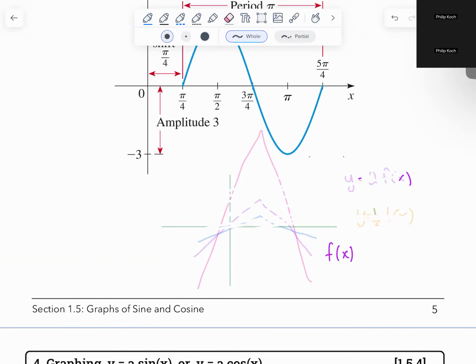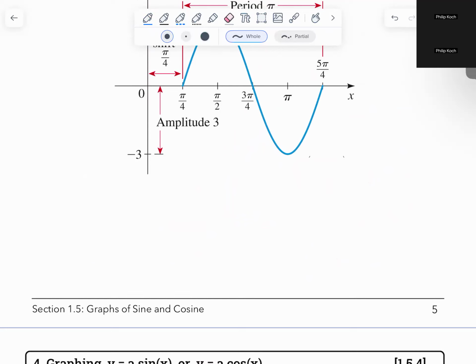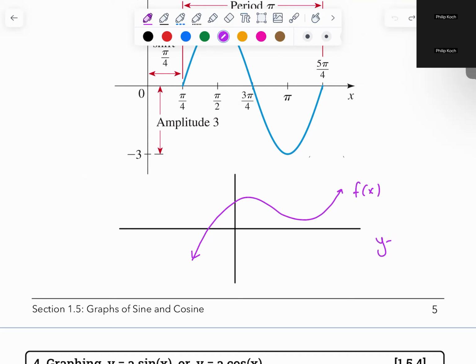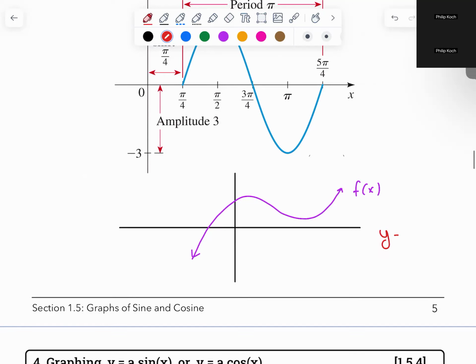Now, the reason why it's the absolute value of a, I'm going to keep drawing this. We don't need to take notes about this, we just need to pay attention. So once again, I'm going to draw the quintessential calculus graph right here. This is f of x. The reason why it's the absolute value of a and not just a is because, remember, if a is negative on the outside, what is y equals, let's use red, y equals negative f of x?